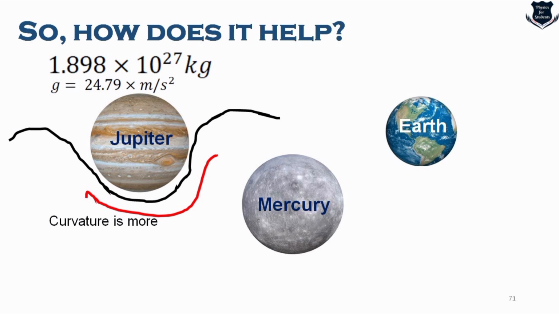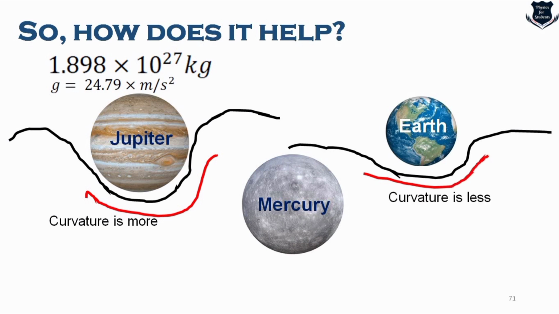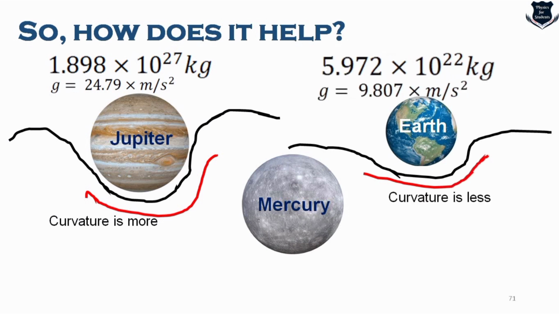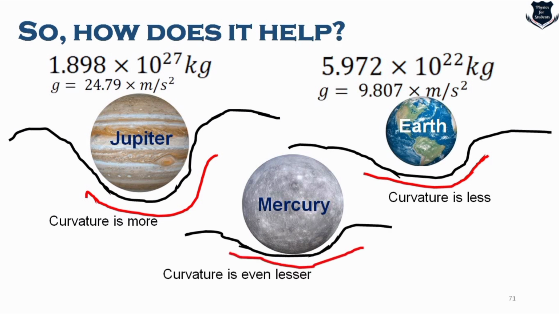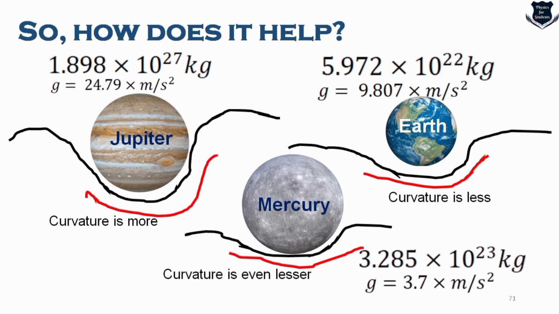So obviously g, this is not that G, this is the acceleration due to gravity, and the weight is quite high, right? For Earth, the dent is a little bit less because the curvature here is less, and that is why the weight, in terms of g, is less. Mercury, being a little boy, has a lesser curvature. The curvature is less, so it gets this value.